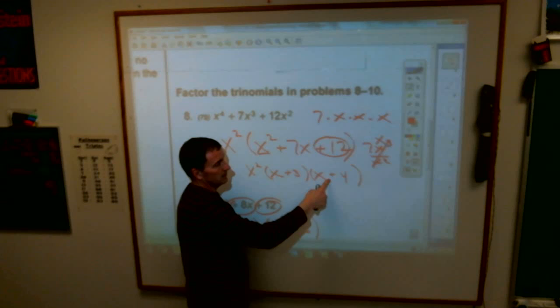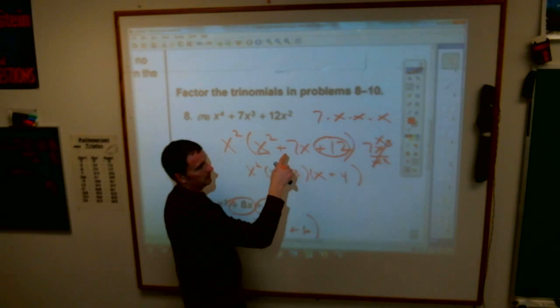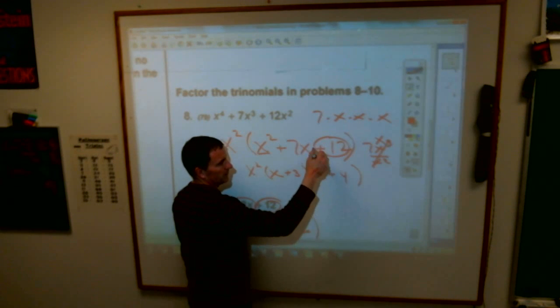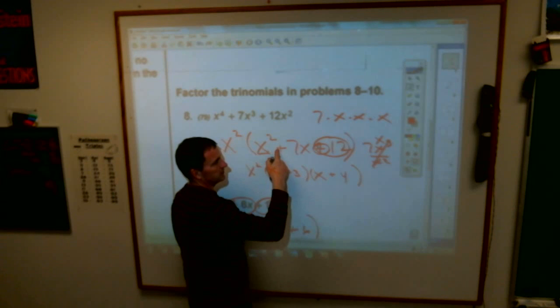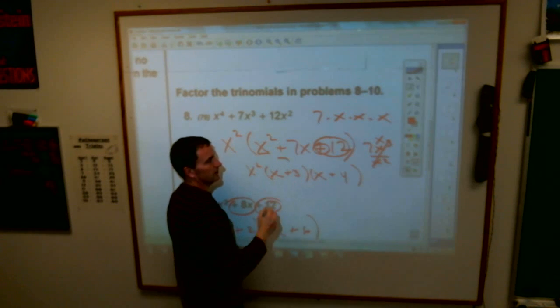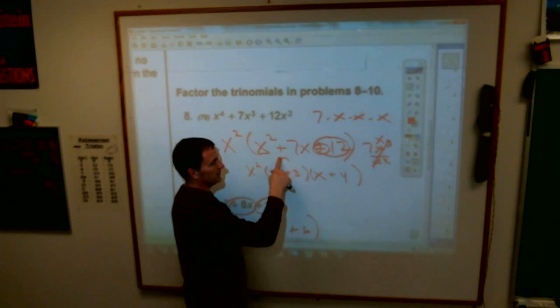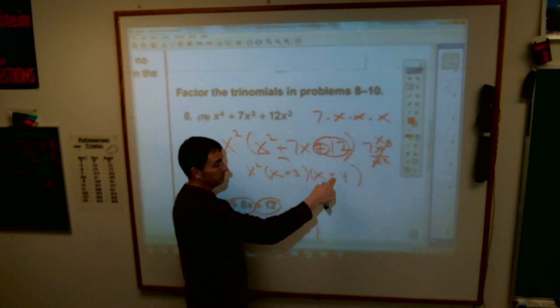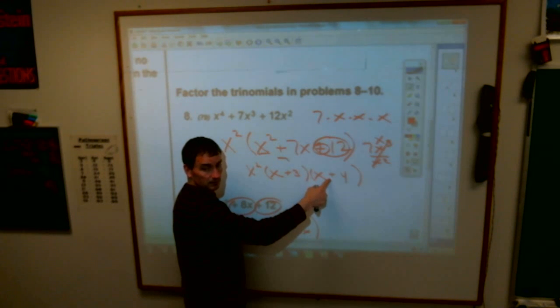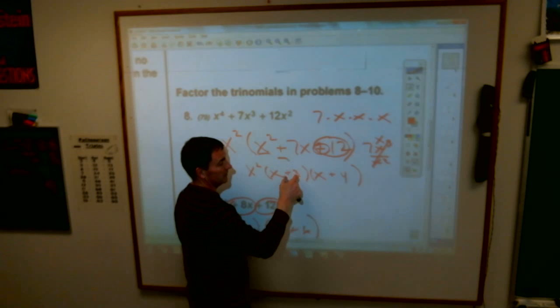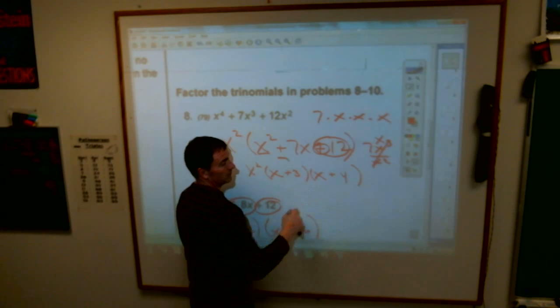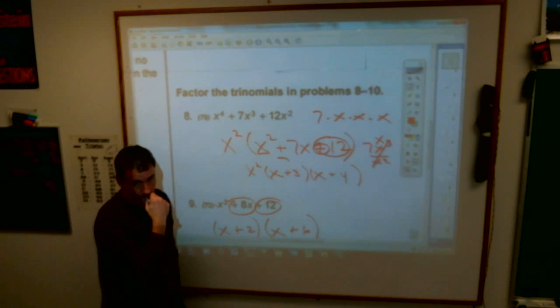If the last number is a positive number, this number either has to be positive or negative. If this number is a negative and this is positive, they both have to be negatives. Because the only way to get a positive here and a negative there is to have a negative and a negative. It won't work any other way.